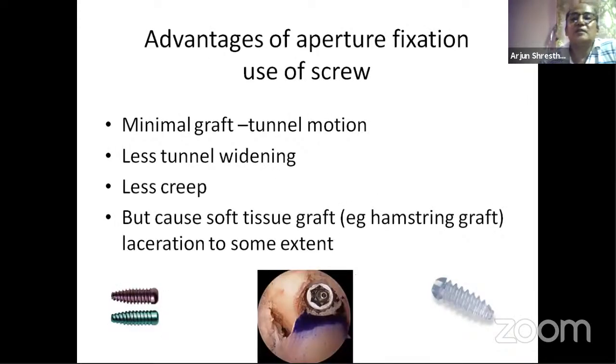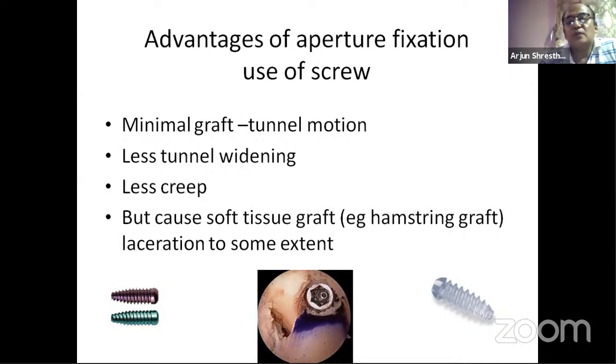So what is the advantage of the FRC fixation? When we do it in most of these patellar bone-tendon-bone grafts, and nowadays in some cases of soft tissue graft also, it has minimal tunnel motion, so it will prevent tunnel widening and failure, and creeping is also less.